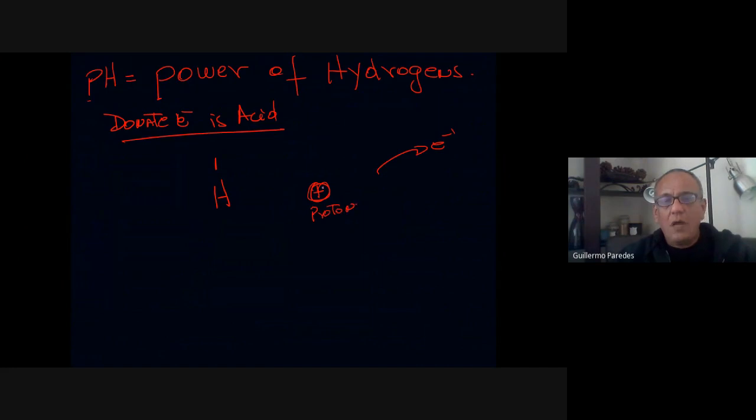When you have a proton here, that means it's already acid, because this hydrogen lost its electron. You represent hydrogen like this, H plus or H plus 1, whatever you want. So when you have H plus, that means acid. Okay?